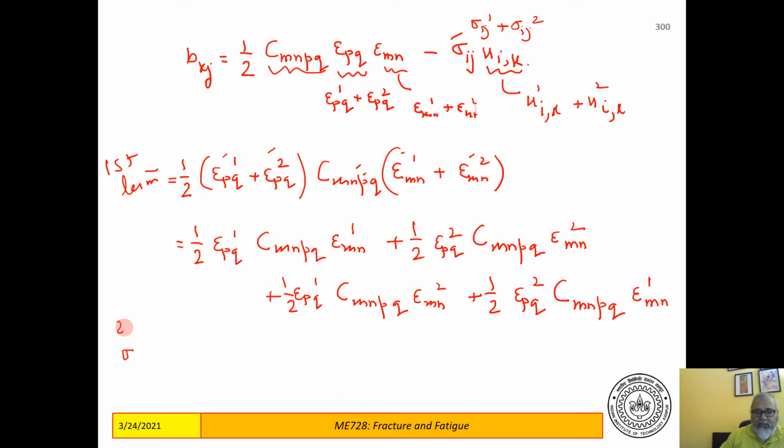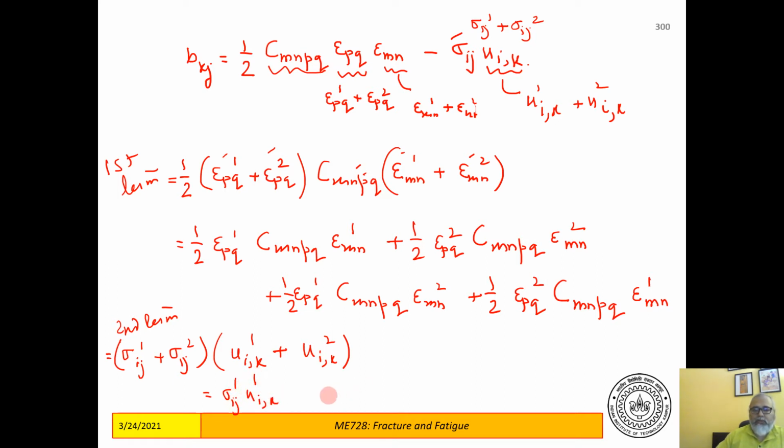So the second term can be written as sigma_ij1 plus sigma_ij2 times u_i,k1 plus u_i,k2, which gives you sigma_ij1 u_i,k1 plus sigma_ij2 u_i,k2, and then the cross terms sigma_ij1 u_i,k2 plus sigma_ij2 u_i,k1.